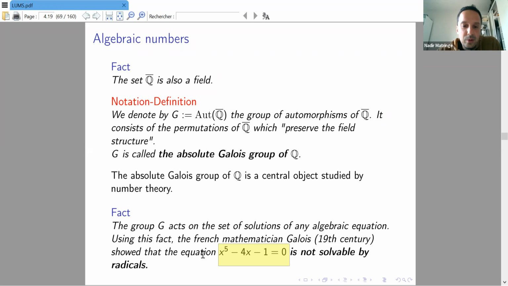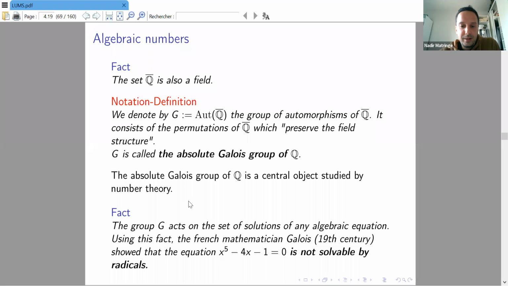And you can also check that this polynomial is irreducible over Q because, for example, it's irreducible mod 3. All of this implies that the finite quotient of G acting on the solutions of this equation is S5, and S5 is not a solvable group.